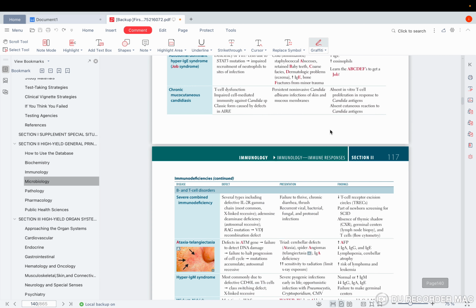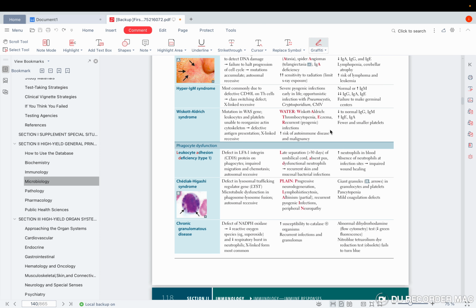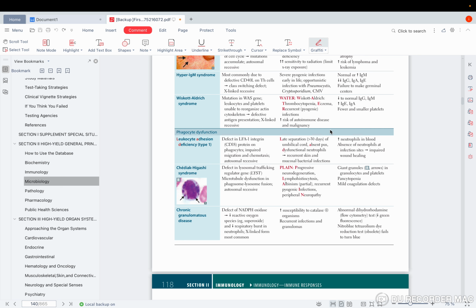Okay, so the next question I have for you guys is regarding Chediak-Higashi syndrome. Why do they get albinism? Yep, the pigment, the melanin, not melatonin, melanin cannot go up.